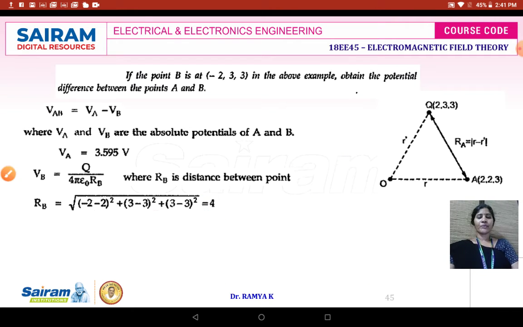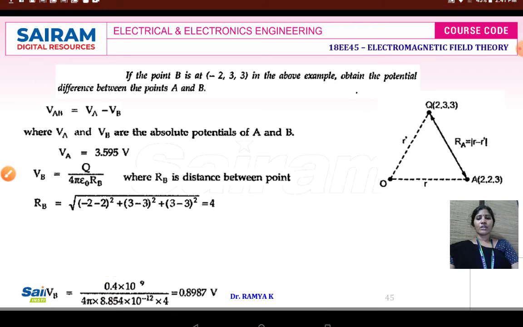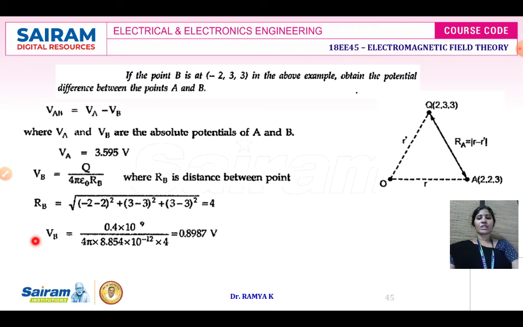Substituting it in the voltage equation, we will get V is equal to 0.8987 volt. Now we need to identify the potential difference between the 2 points A and B. Therefore, VAB is equal to VA minus VB, which is equal to 2.6962 volt. This is going to be the potential difference between the points A and B.